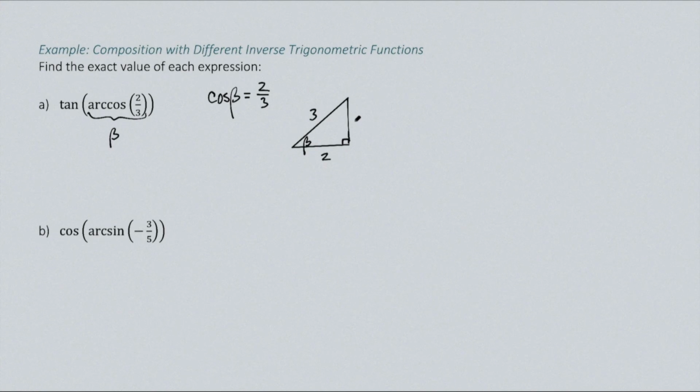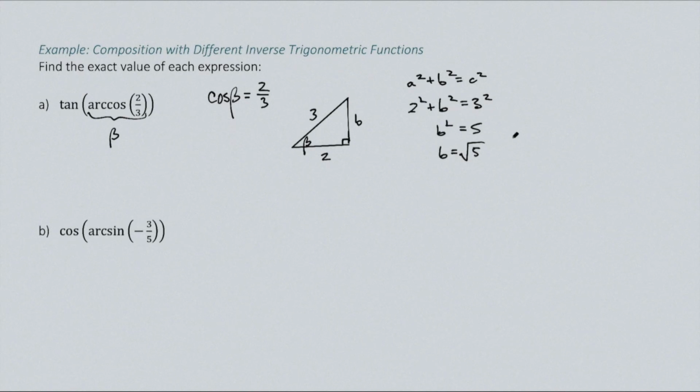If I call this side b, then I've got a squared plus b squared equals c squared. In other words, 2 squared plus b squared equals 3 squared. So b squared equals 9 minus 4, which is 5. So b is equal to the square root of 5. Okay, so that's this here.